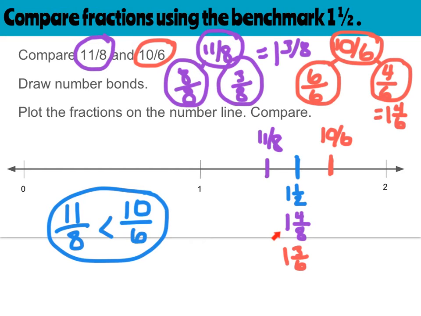So when I look at my benchmark fraction, 1 1/2 in eighths units, I have 1 4/8. 1 4/8 is just one eighth bigger than 1 3/8. So I know that I need to be just 1/8 behind 1 1/2.